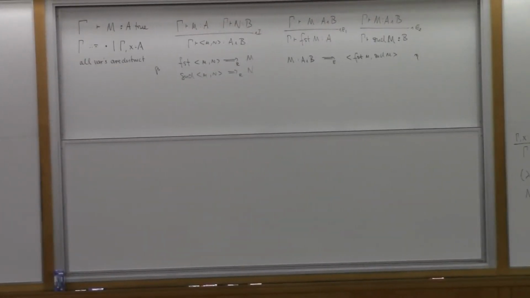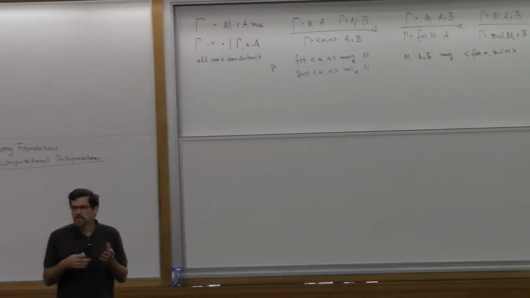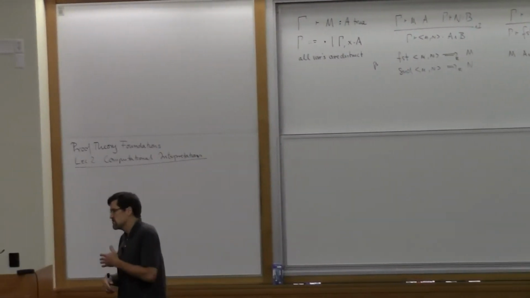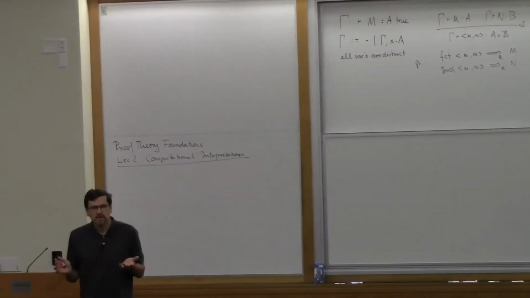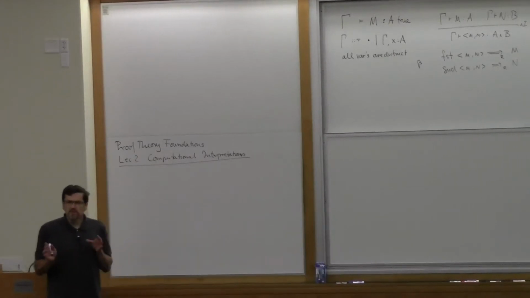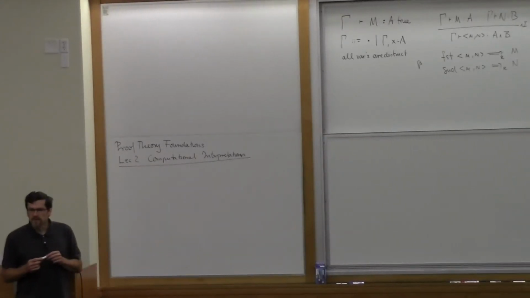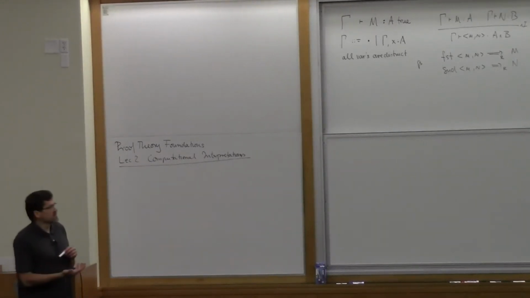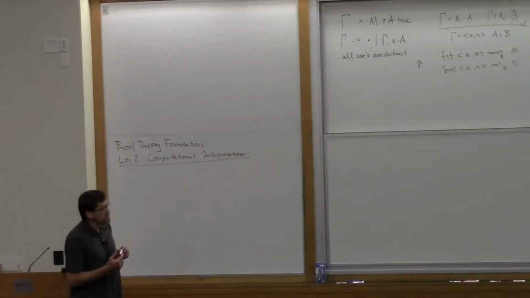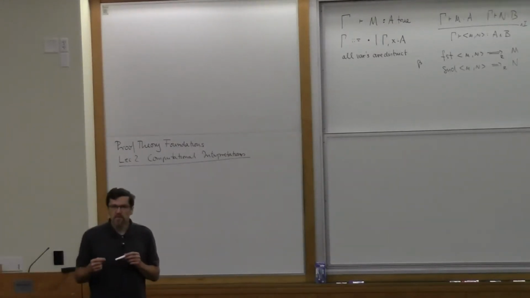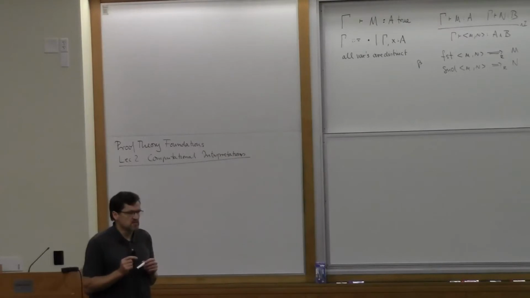Now, effects can be many different things. It could be input and output. It could be some kind of communication. The thing which is often a useful guide is non-termination. So I might have recursive functions in my language, and I want to account for the possibility that a computation might not terminate.